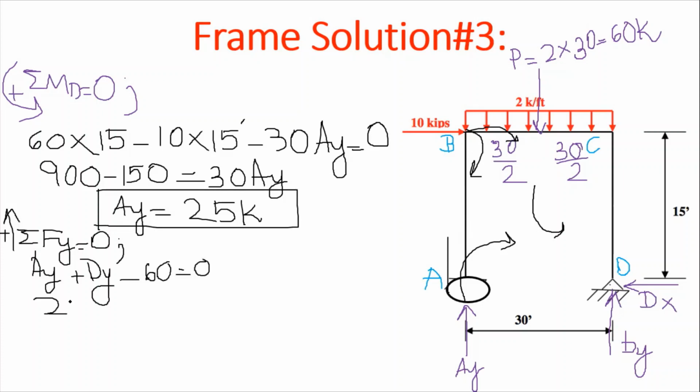So 25 plus DY minus 60, because we already got the value of AY, so we put it here. 25 minus 60 is coming out to be minus 35, so it will become positive 35 when we bring it to the opposite side of the equals sign. So DY is 35 kip.